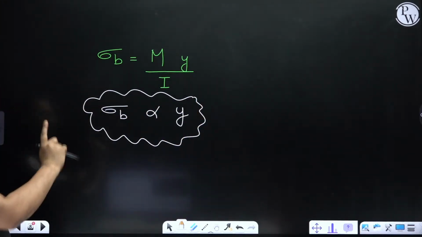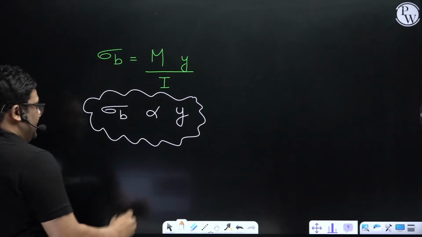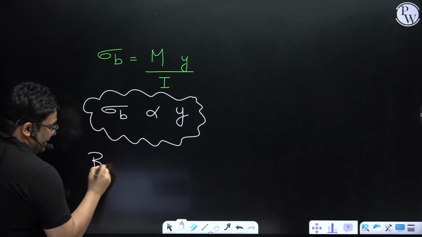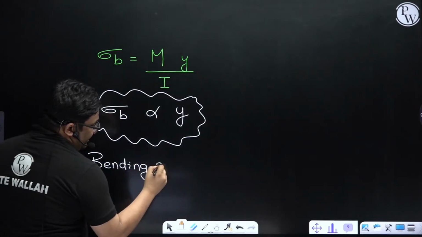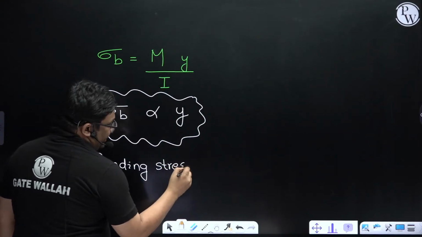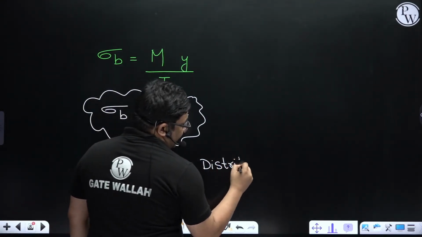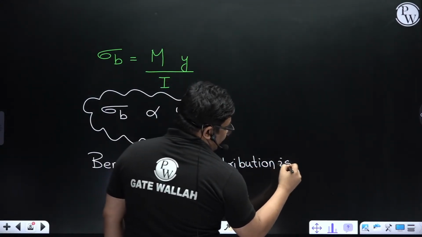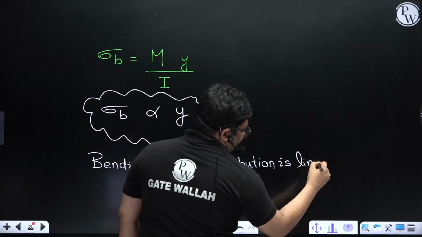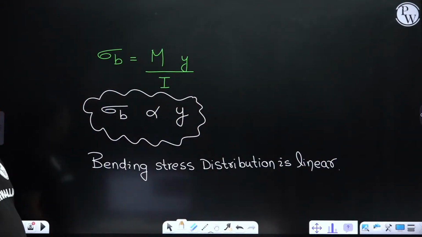It is directly proportional to the distance from the neutral axis. That means I can say bending stress distribution is linear.